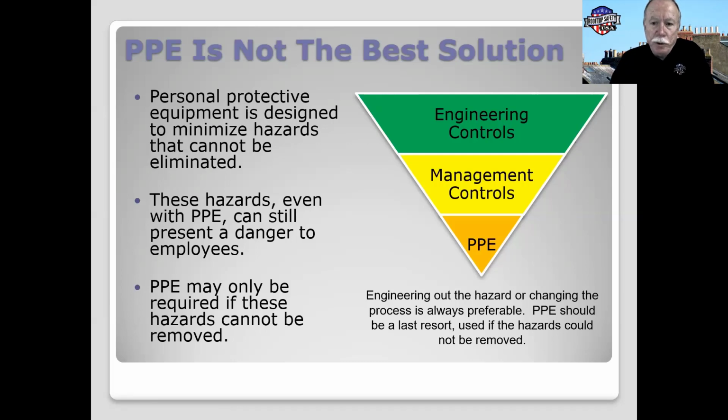So it's preferable to engineer the hazard. If we're talking about, say, dust control, they would rather see a ventilation exhaust system to control the dust than have a guy wear a respirator.